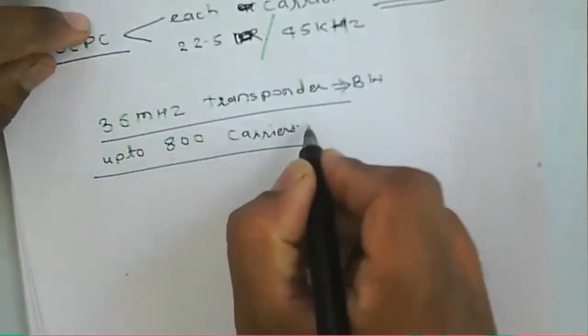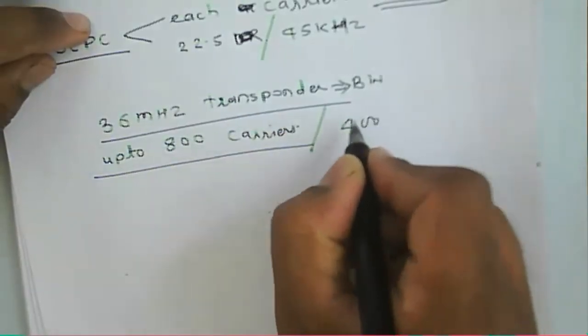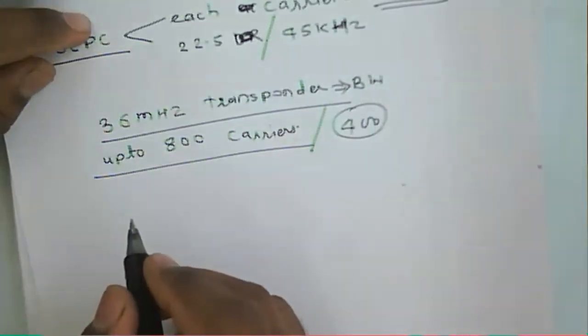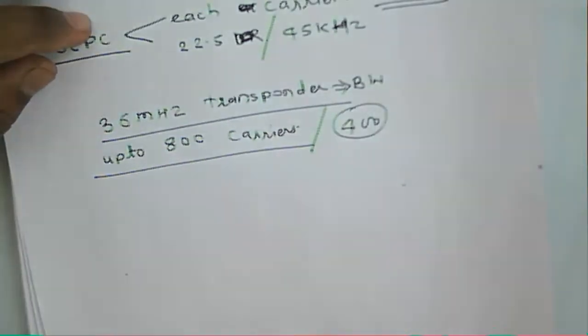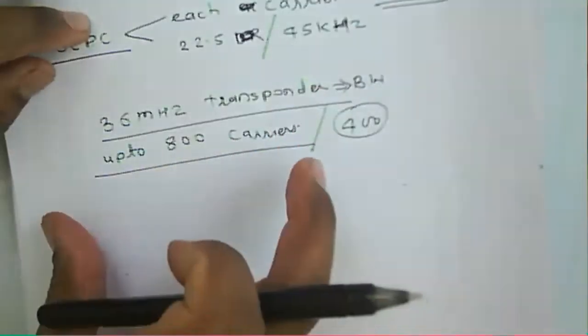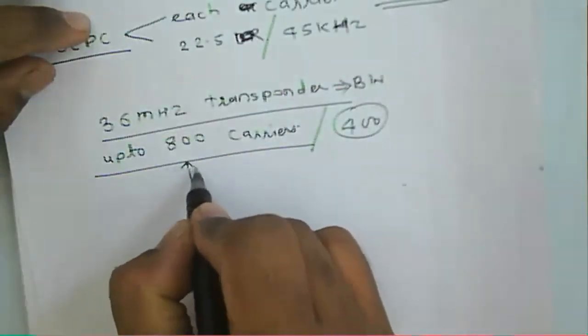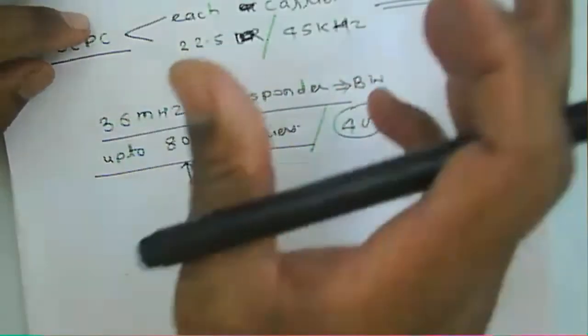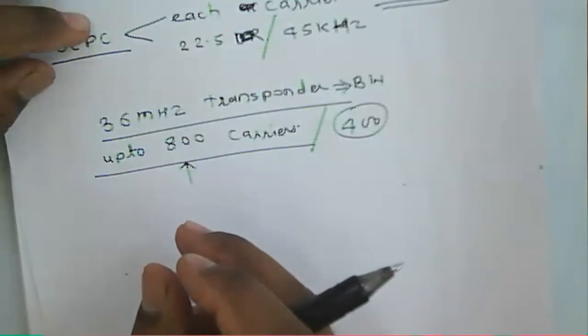So instead of 800 carriers, we need to consider 400 carriers to be transmitted, or at that particular instant we consider a minimum number of carriers. If a large number of carriers are there, then there will be limitations regarding the power.